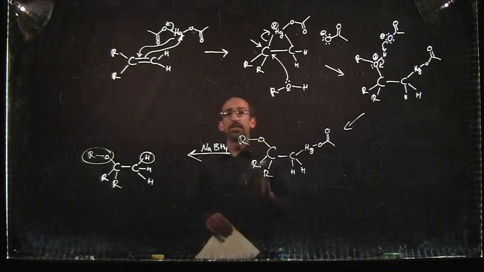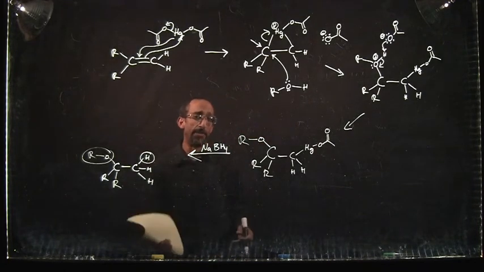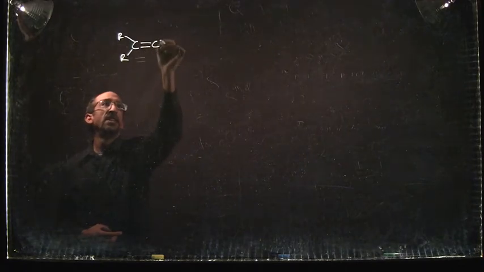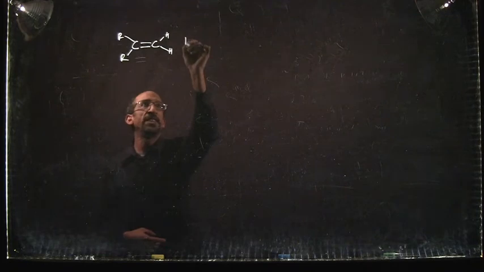So I'm going to clear this off and just do a quick summary of the 3 reactions that we've seen in this topic. Okay, so in this topic, topic 19, electrophilic addition, we've seen 3 reactions. We've seen adding HX across an alkene, and I'm going to use unsubstituted alkenes for this.